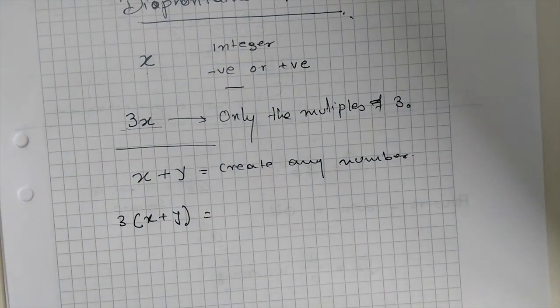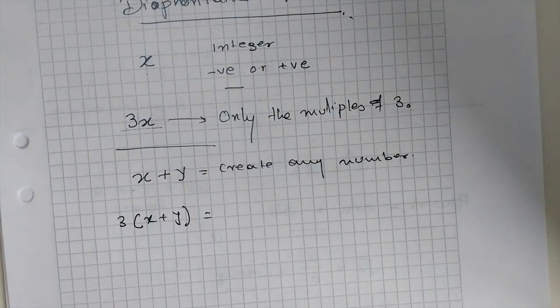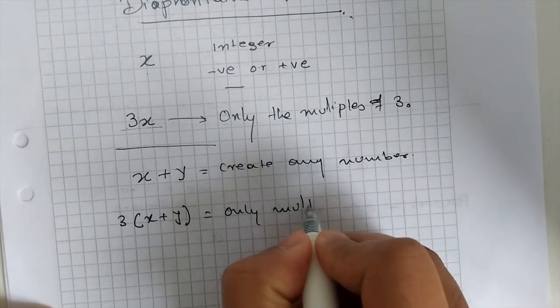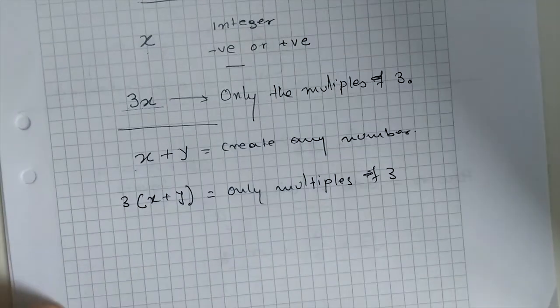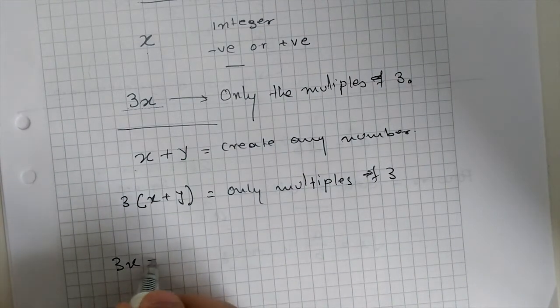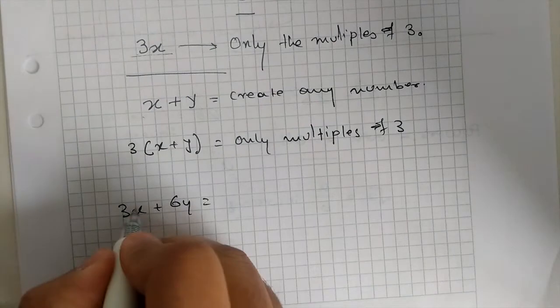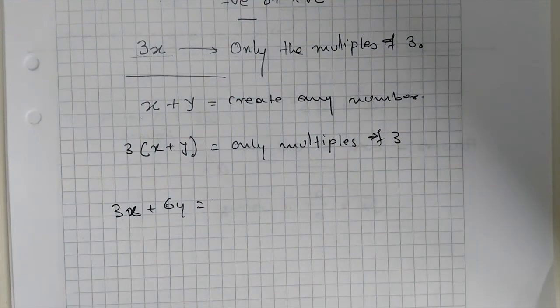Is it the same with 3 times x plus y? In 3 times x plus y, we can only create the multiples of 3. We cannot create just any number. We can only create the multiples of 3, given the freedom to choose any number for x and y. The same is the case for 3x plus 6y. What numbers can you create with this combination?